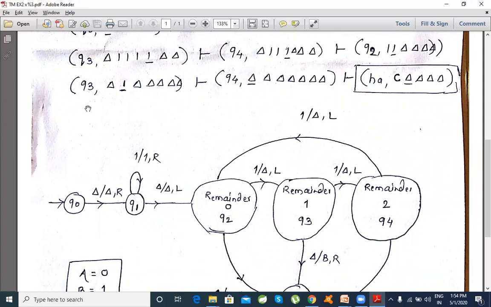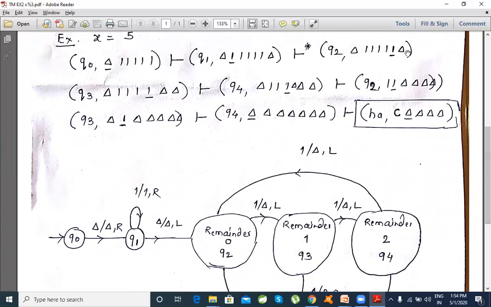Understood this? Now if you go across to the next configuration, this would be the second one we are going across. Being in Q3, if you receive one, same terminology: I'll remember I have processed this, so this one will be replaced by null and we move towards left.